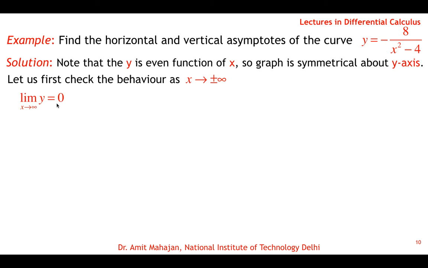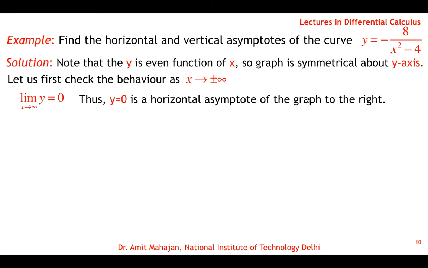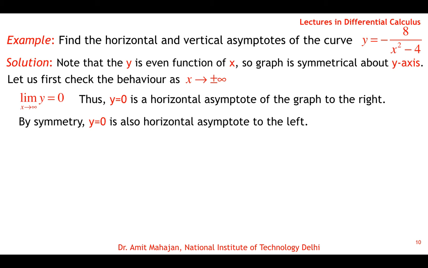Okay, so the b value is 0, so y is equal to 0, or the x-axis, is the horizontal asymptote of the graph of this function to the right, and by symmetry also to the left. Okay, so by symmetry y equal to 0 is also a horizontal asymptote to the left. Okay. Now the second question is what are the vertical asymptotes? Okay, so what points make y grow larger?